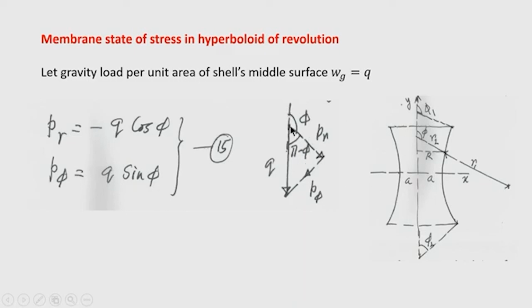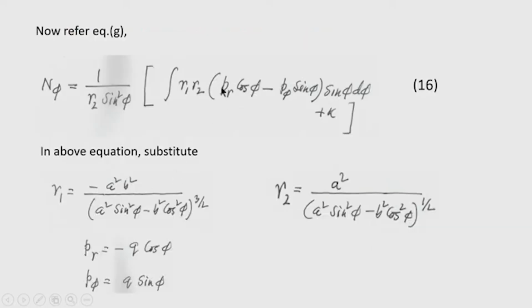So, the component of q along the radial direction is p r, and along the meridional direction is p phi. p r is nothing but minus q into cos phi, and p phi, from this triangle you can see, will be q into sin phi.